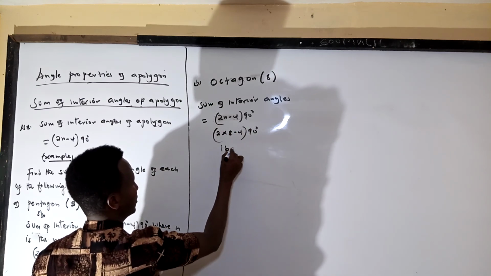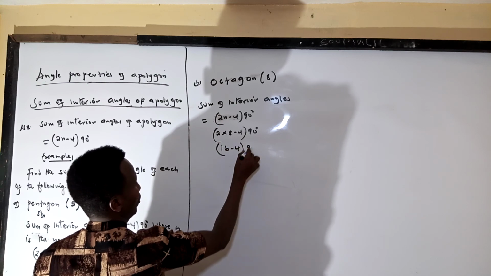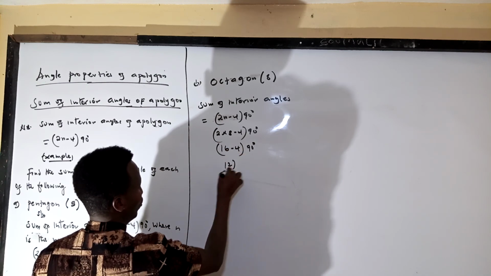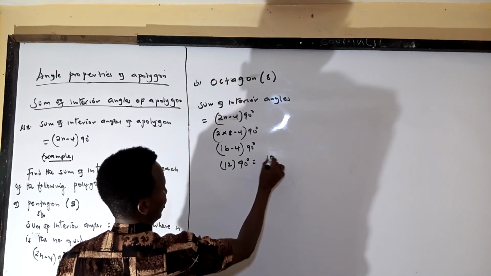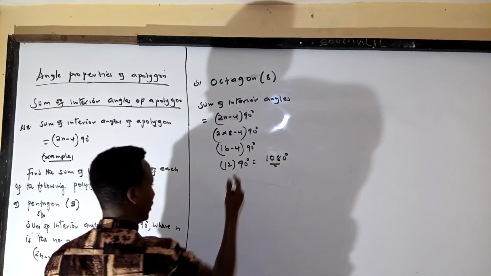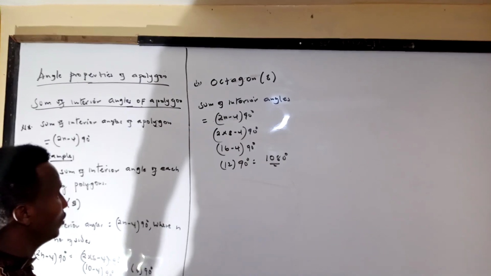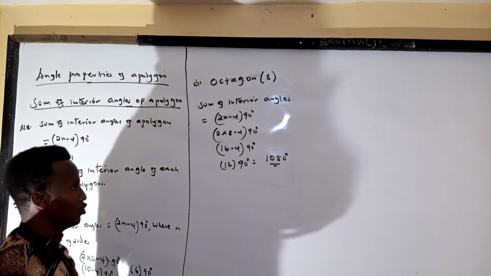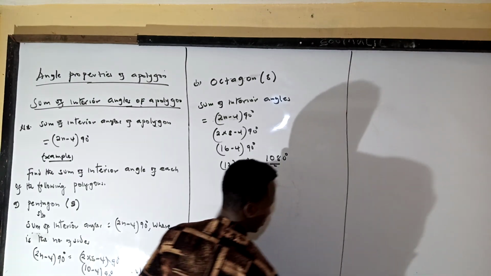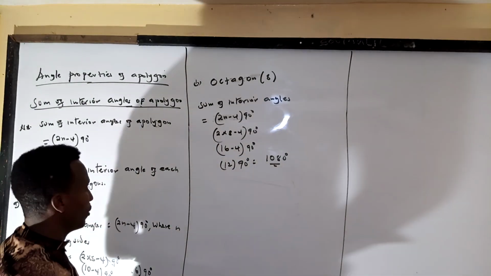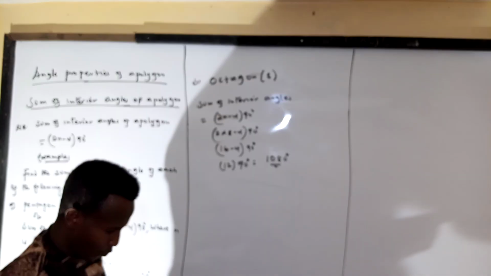So this will give us 16 minus 4 times 90. That will be 12 times 90, so it will give us 1080 degrees. So this is how you are going to do it during a national exam or in normal exams. This is how we get the sum of interior angles of a polygon.